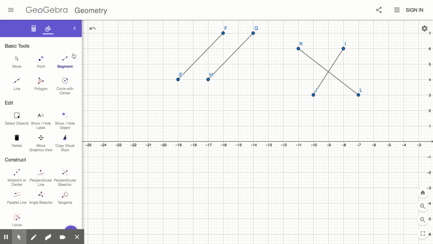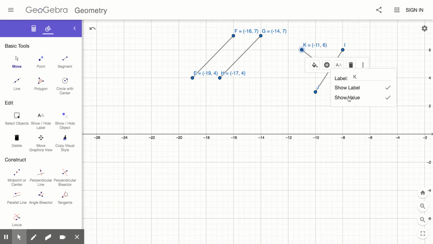All right. So what I essentially want to do is see the values of these lines so that I can find the slopes of these lines. By finding the slopes of these lines, I will be able to see if these lines are parallel or perpendicular.